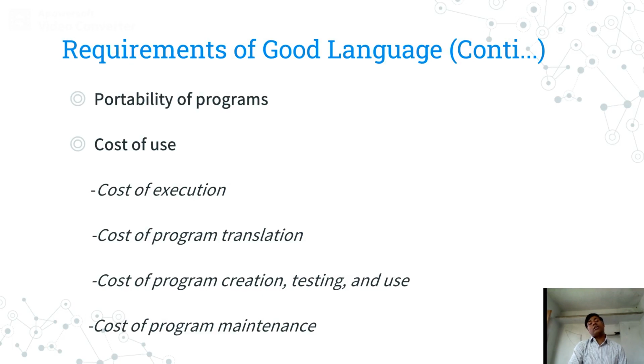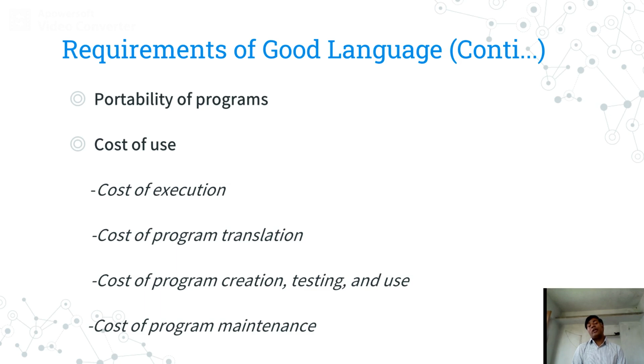Now another criterion to make a good programming language is portability of programs. Any programming language must be portable. That means once you run it on one machine, it must also run on another machine. If you run a programming language on one machine and it does not run on another machine, then you cannot say this is a good programming language. Cost also matters for a good programming language. Cost of use, that means different types.